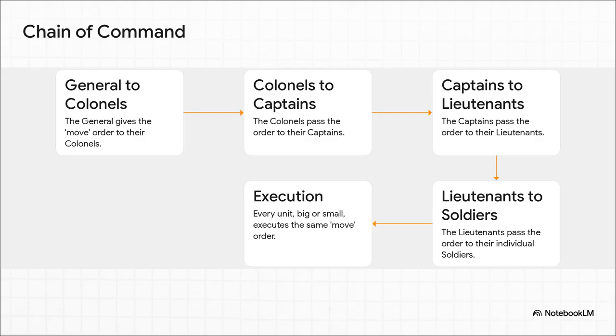Instead, you rely on the chain of command. And this is where it gets really cool. The whole system is recursive. The general tells their colonels to move. The colonels don't just start marching, they take that exact same move order and pass it down to their captains. The captains pass it to the lieutenants, and the lieutenants pass it down to the individual soldiers. It's like a waterfall of commands flowing down the tree until it hits the people who actually do the moving.